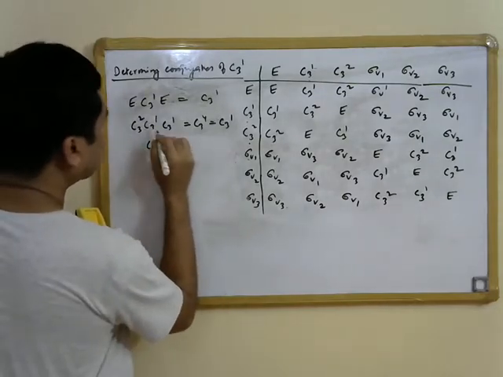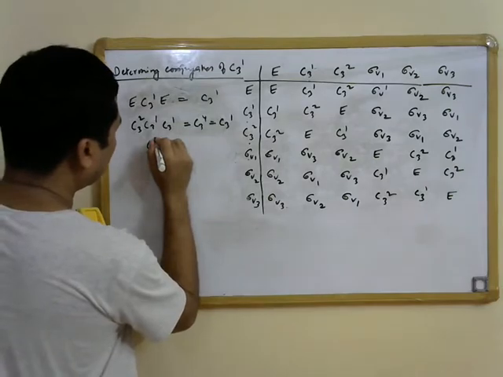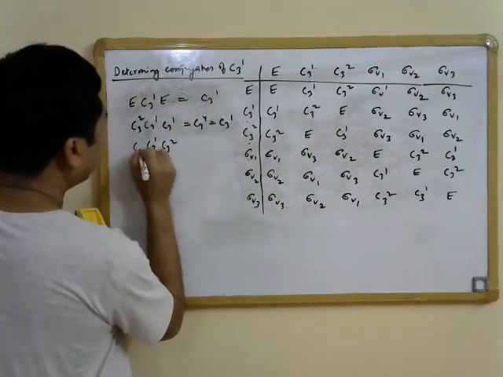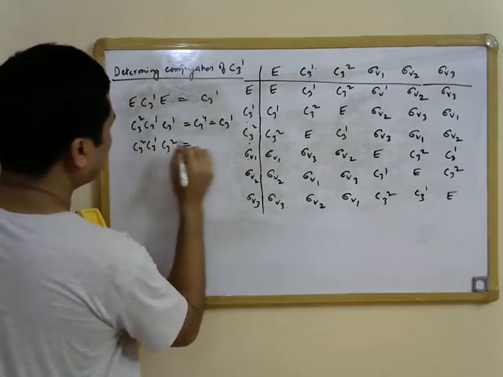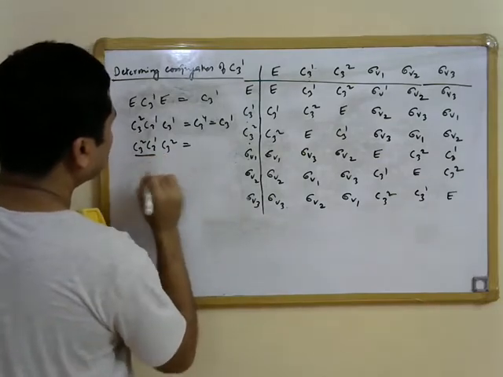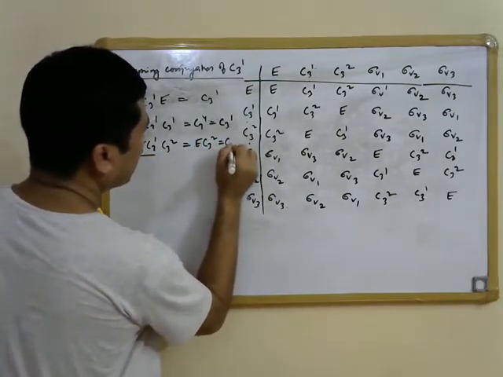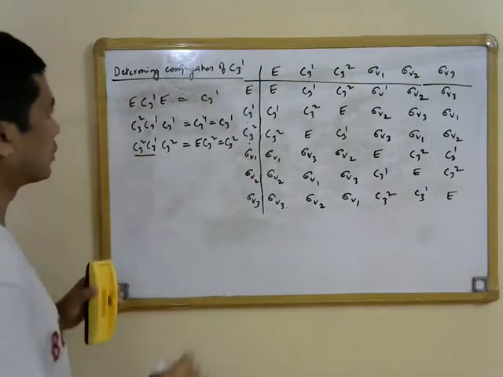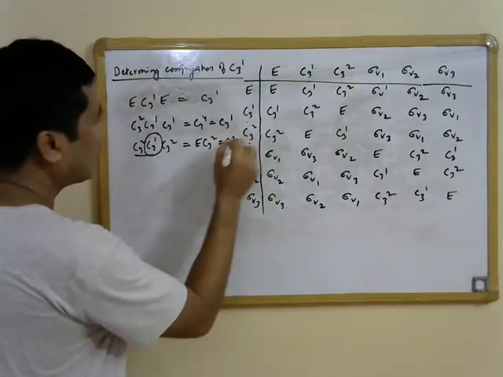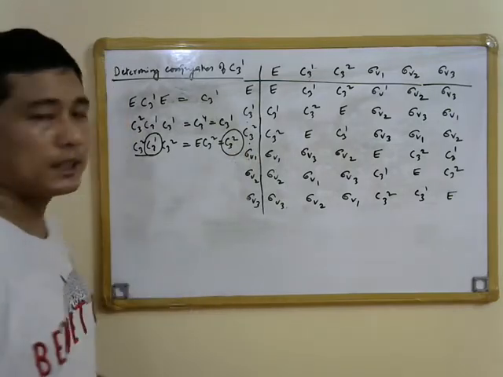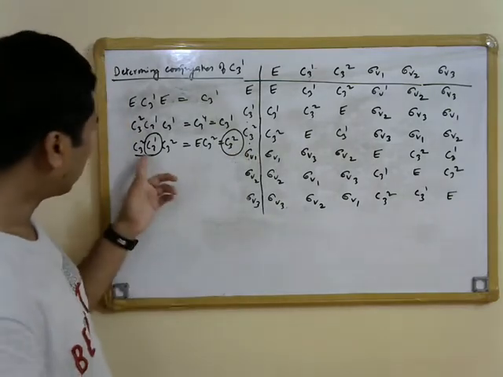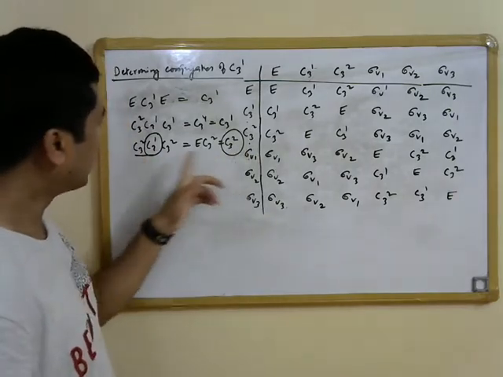Then let's take the next element, C32. In this case, C31 C32 is equal to identity, and we are left with C32, which is equal to C32. So now what we have seen is that C31 is a conjugate of C32.